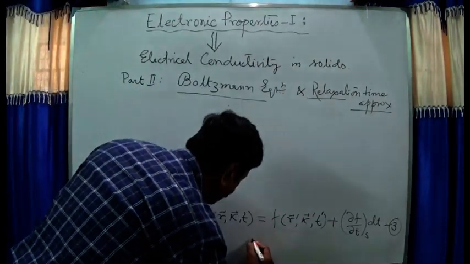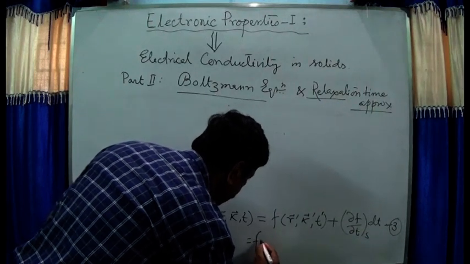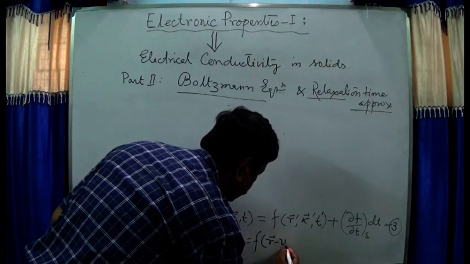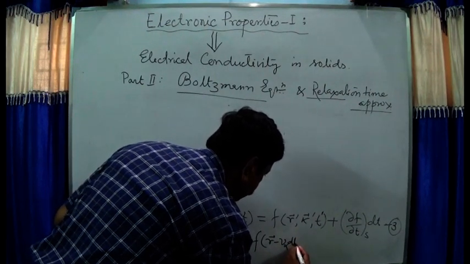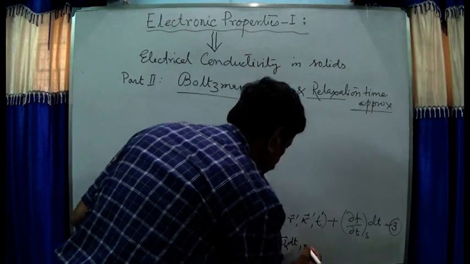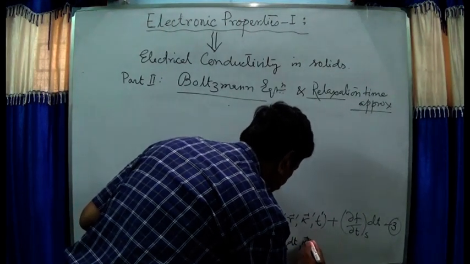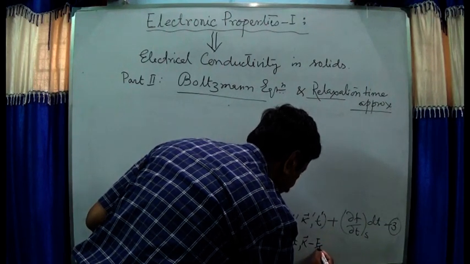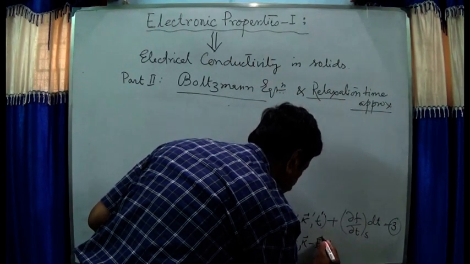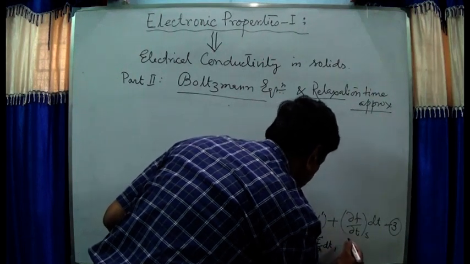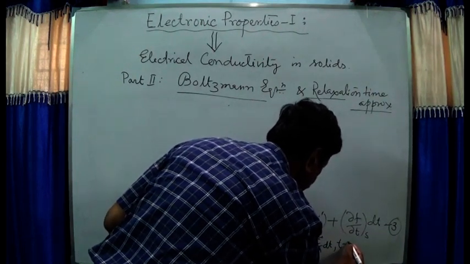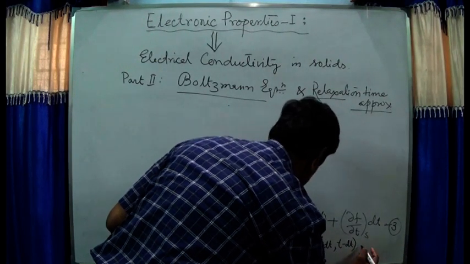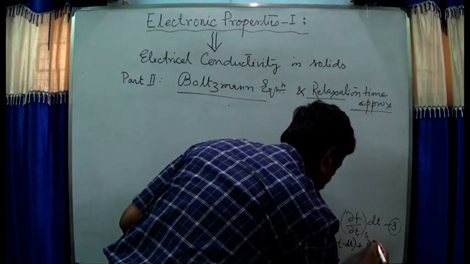And if we write it here in full form, it would be r minus vk dt, k minus F by h cut dt, and t will be t minus dt, right? Plus the scattering term.